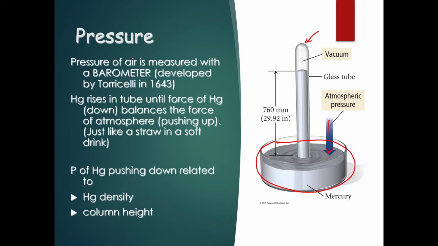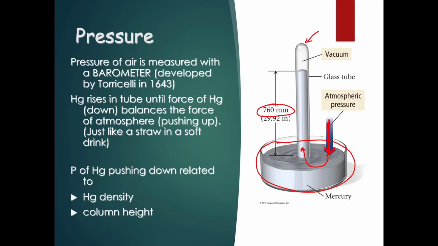Okay, so the way that we can measure the atmospheric pressure is that we can get this pool of mercury, we sit our evacuated tube upside down into it, and the atmosphere presses down on the mercury. When it presses down on the mercury, the mercury finds somewhere to go and it travels up into the evacuated tube. And the distance that it will travel at a given elevation is 760 millimeters.